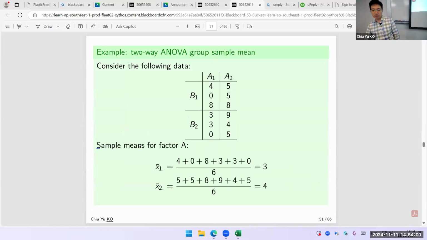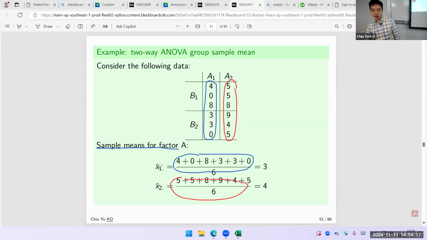Then how do you do A? Add up all this divided by the total gives you this guy. And if you add up all this divided by the total number of them, it gives you this guy. So this 1 dot, 2 dot like this.